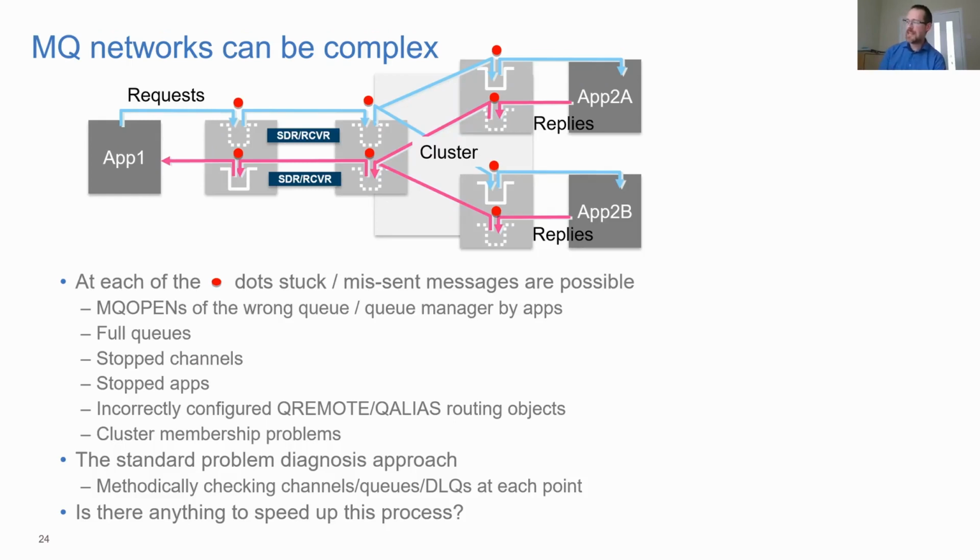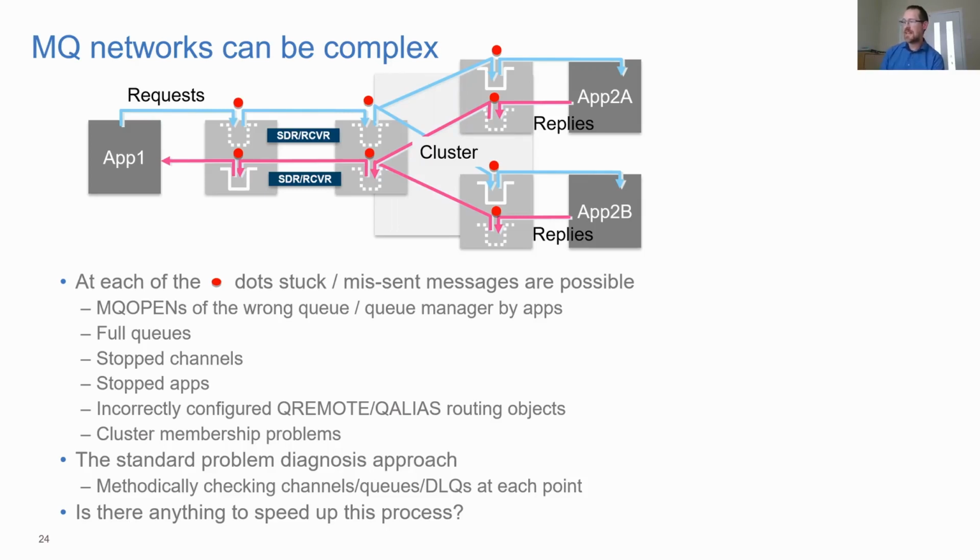And so, here we have a simple picture at the top. We've got 4 queue managers, and we want to send a message from app 1 to app 2, and then send a reply back. Basically, each of those red dots on the picture at the top is a point where a message gets temporarily staged onto a queue. And then the lines between the red dots are the channels.